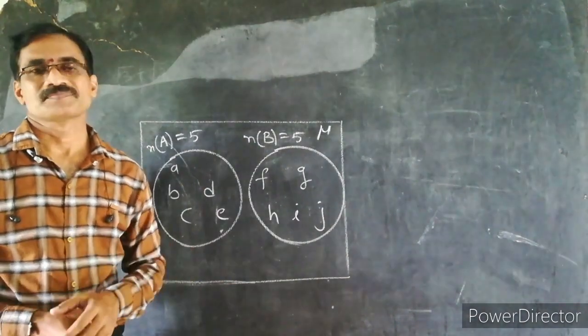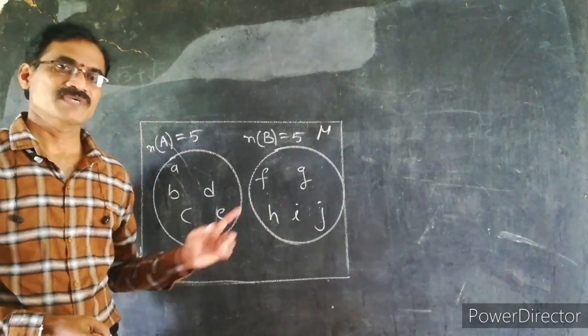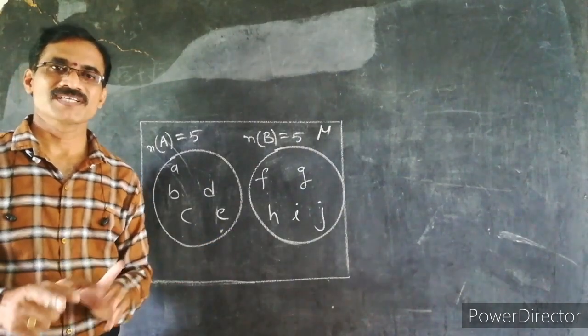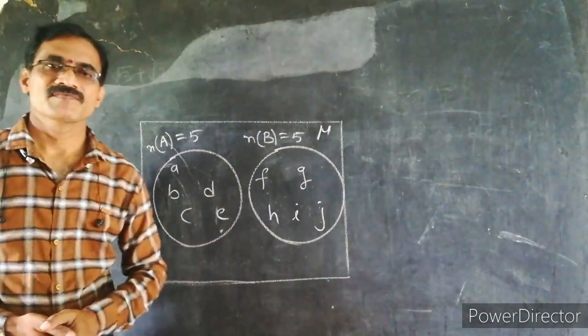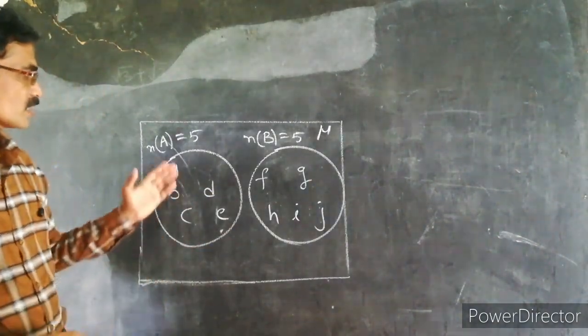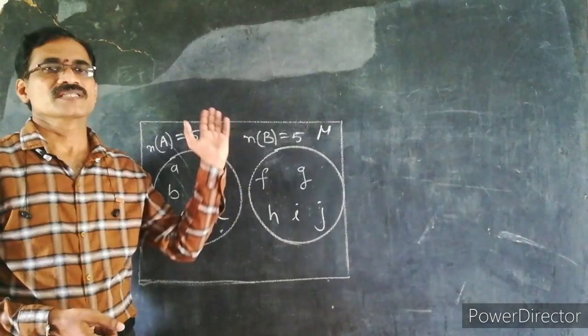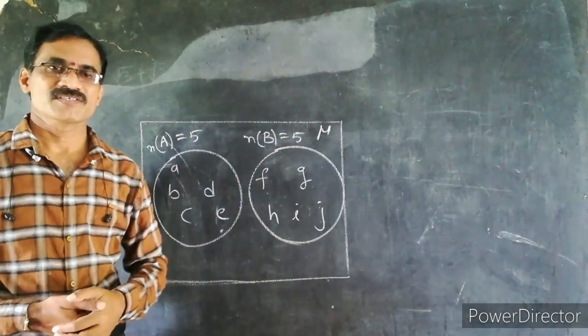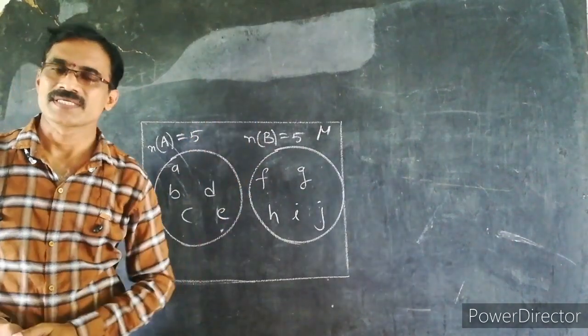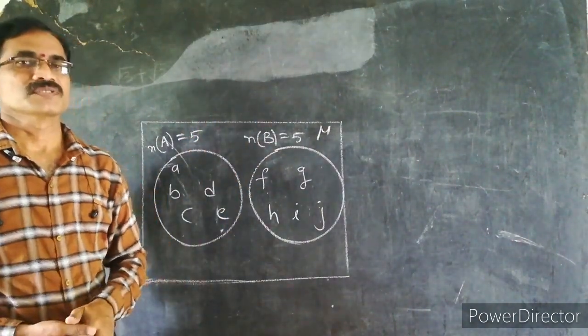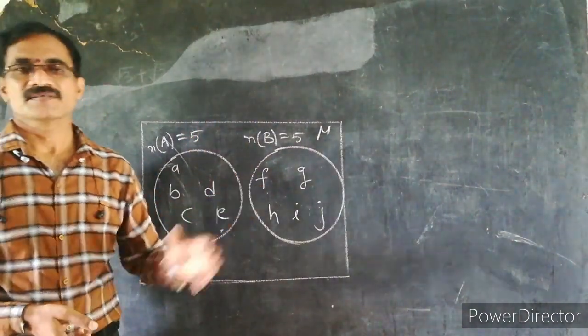In this way, when there are disjoint sets, we can find the relationship between the number of A, the number of B and the number of A union B. So this is the cardinality of finite sets.